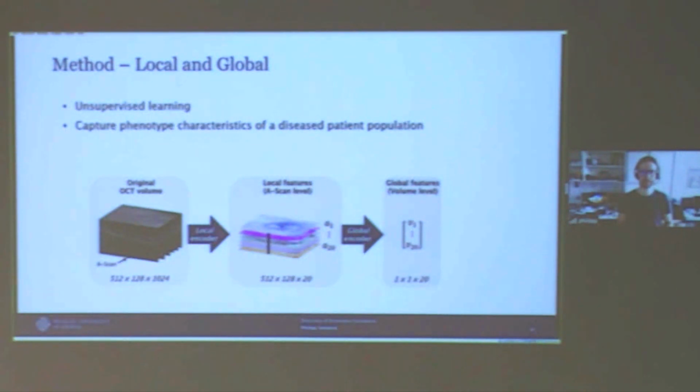This is what we call local feature embedding, or the local features. Now that we have this 3D volume, in the A-scan dimension we reduce the number of dimensions to 20. Afterwards, we used another autoencoder trained on this compressed feature representation to learn so-called global features that do not encode the retina at a specific position, but the condition of the retina as a whole.